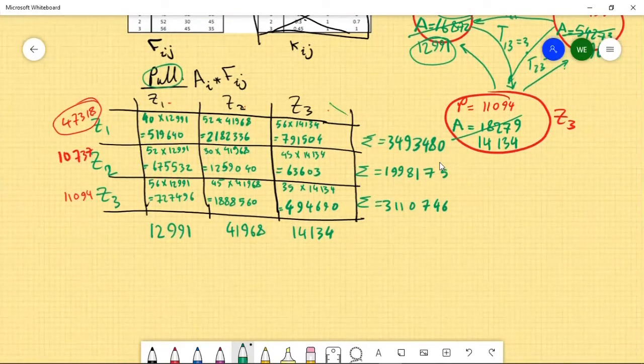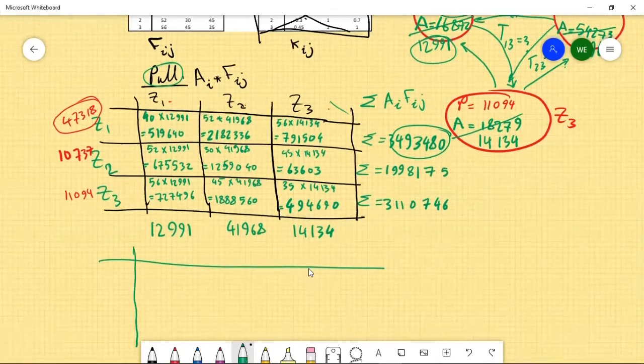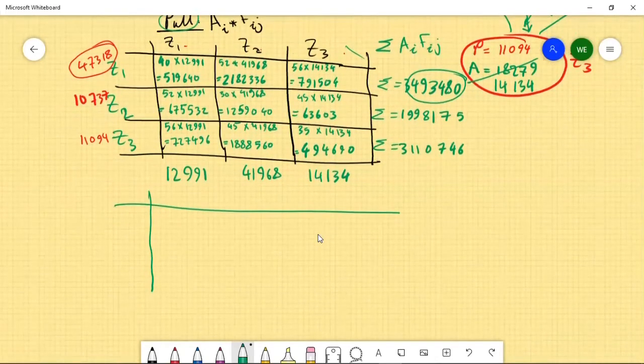what's the meaning of this value? That's the summation of A_j F_ij. So now I want to calculate the trips from zone 1 to zone 1. In order to do that, we're going to multiply.